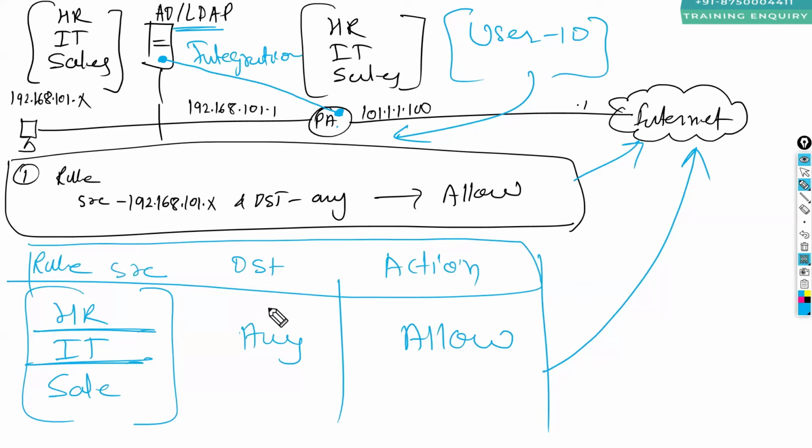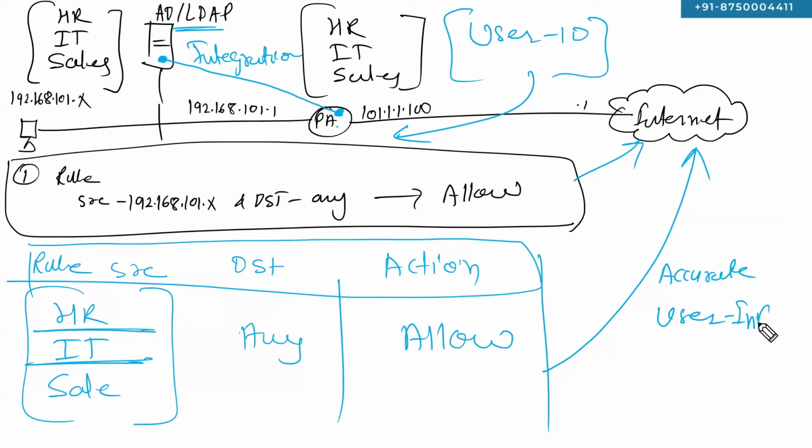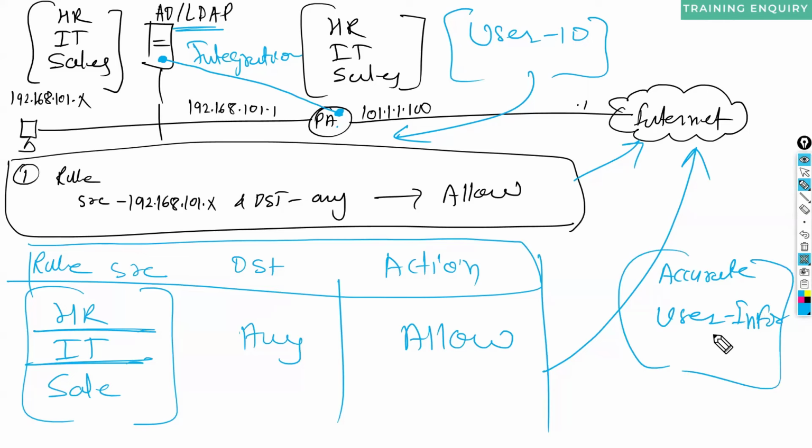First thing, it will help us enable more control as compared to policies based on source IP. Second thing, it will also provide us accurate user information. Why?